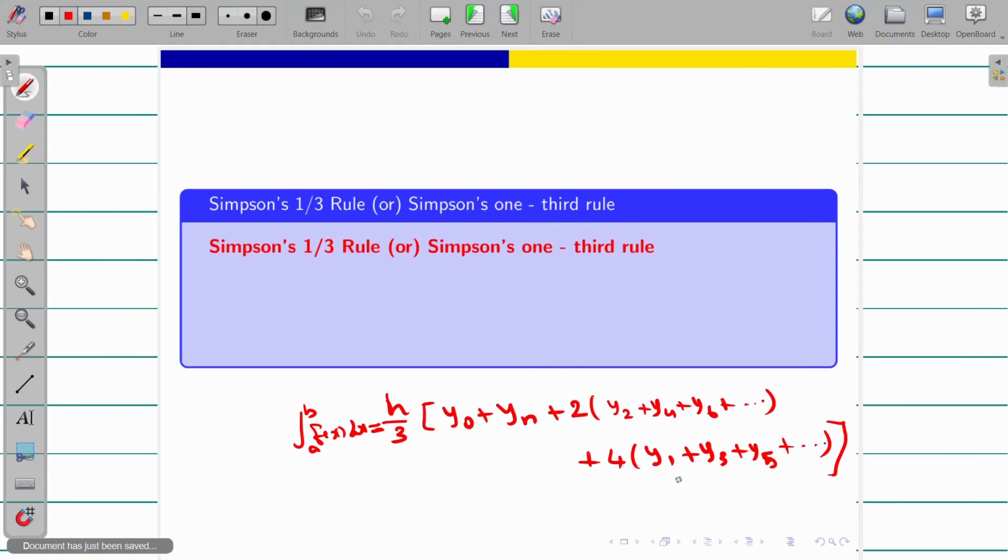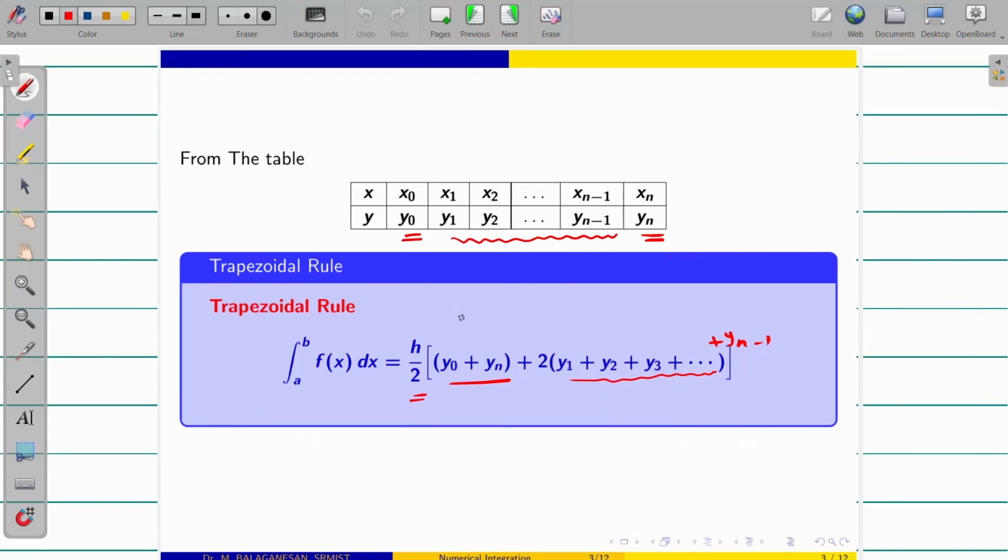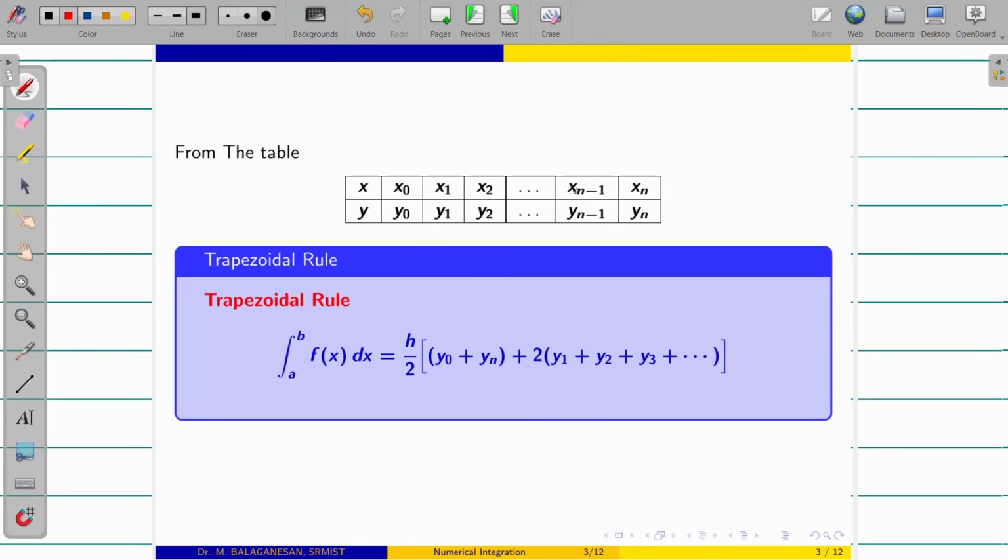As I told you already, come to this page. You can talk about the formula using the word ordinates. So what are the ordinates here? Y0, y1, y2, y3, etc., up to yn. Y0 will be the first ordinate, y1 will be the second ordinate, y2 will be the third ordinate, and so on.